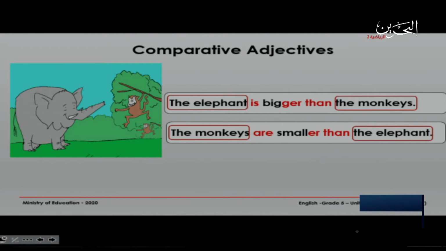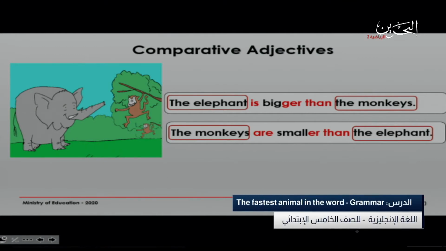Let's look at more examples. We have here the same example. Look at this picture. The elephant is bigger than the monkeys. As I said earlier, we use the comparative adjective to compare between two groups. The first group here, the elephant, and the second one, the monkeys.